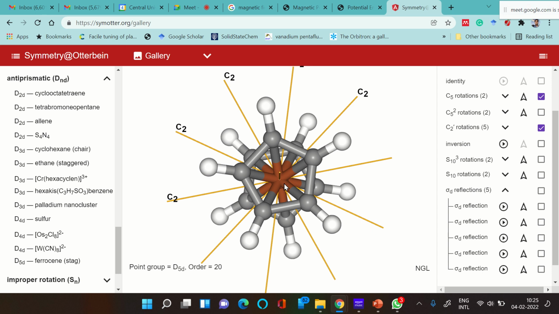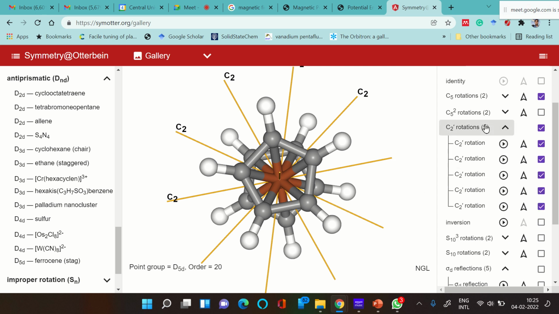You can point it out like that. So पेंटागन के हर बीच से जहाँ पे वो ओवरलैपिंग पोजीशन, दोनों पॉइंट्स जो इधर है इसके बीच से एक लाइन गई है जो C2 है.